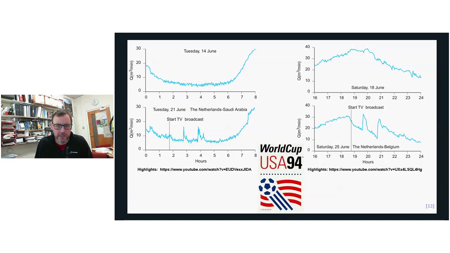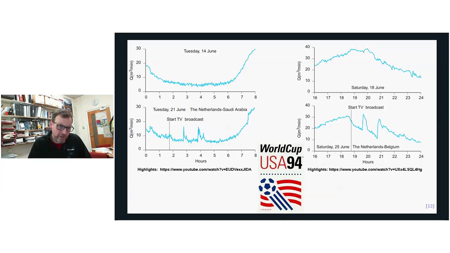What you see is that at half time and at full time there are big peaks, because all the people watching the football, some of whom might have been drinking beer, rush to go to the toilet, or, if they've not been drinking beer, make themselves a cup of tea at half time, and then the same happens again at the end of the match.